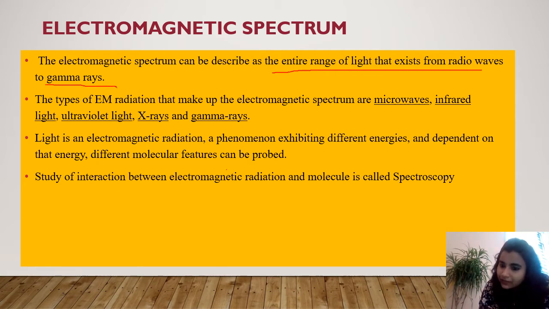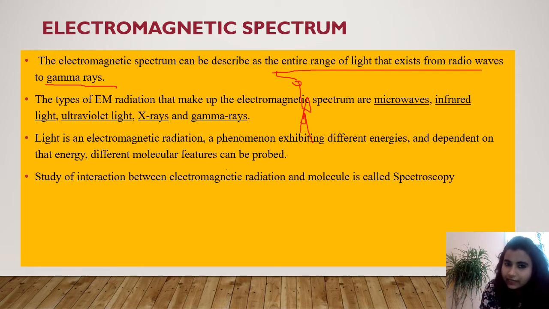Whenever we have different waves of different energies and wavelengths, the sum total of all these waves, we call it the electromagnetic spectrum. For example, we have cosmic rays, gamma rays, x-rays, UV, visible, infrared, microwave and radio waves. This entire range of wavelength we call the electromagnetic spectrum.